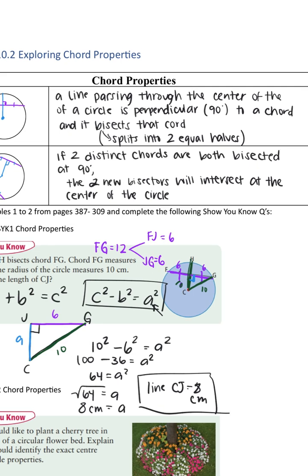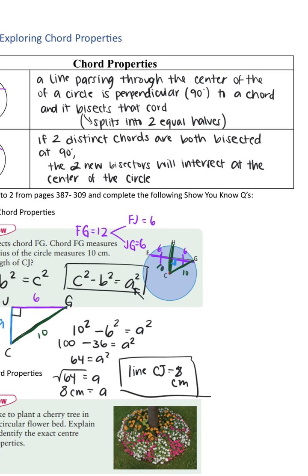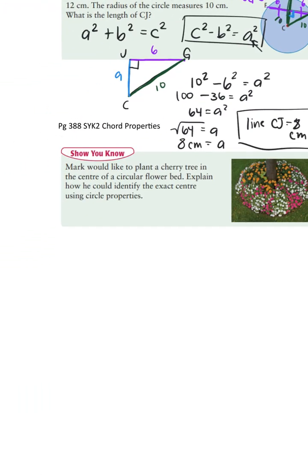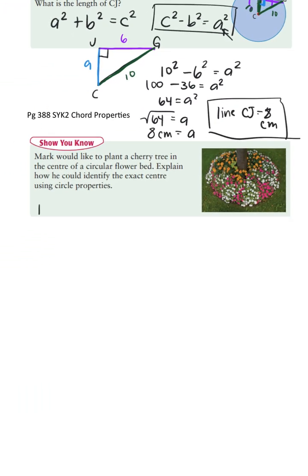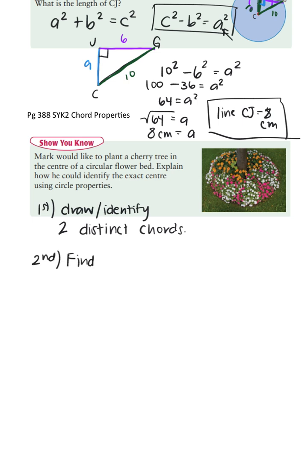Well, if we recall the second set of chord properties that we spoke of earlier, we realize that if there are two unique chords, then step one, first, draw or identify, perhaps recognizing this is a garden, two distinct or separate chords. Second, find the halfway point, or the center.